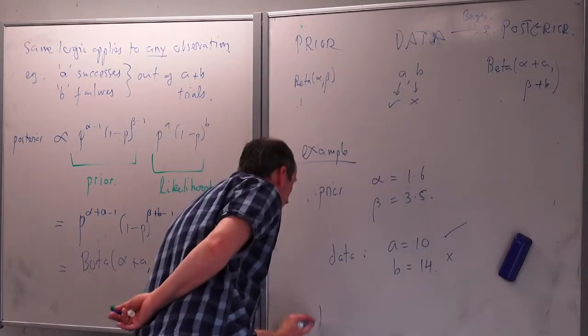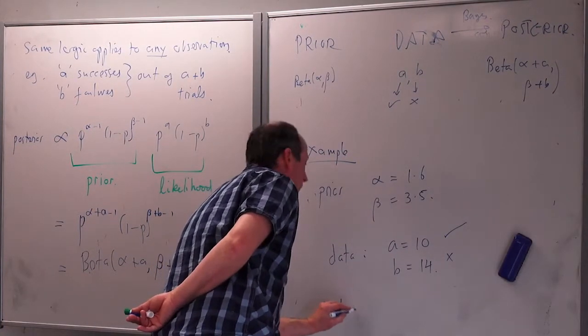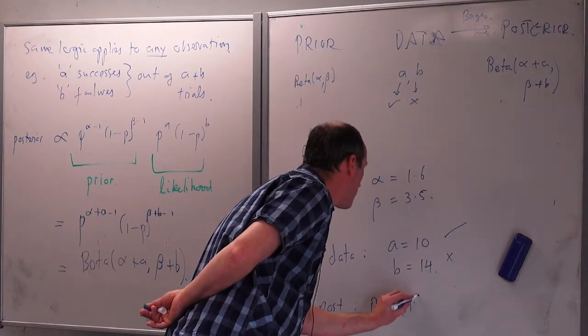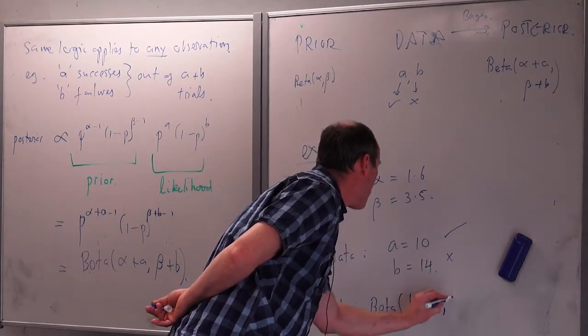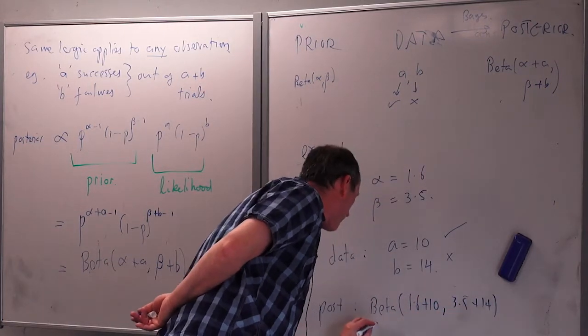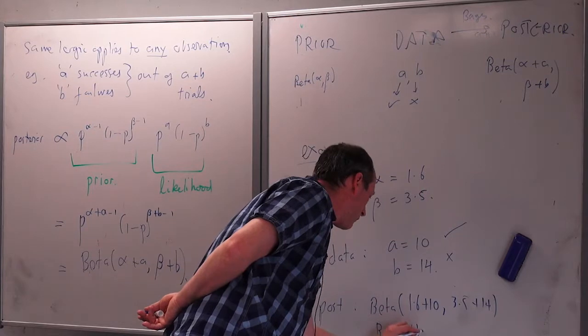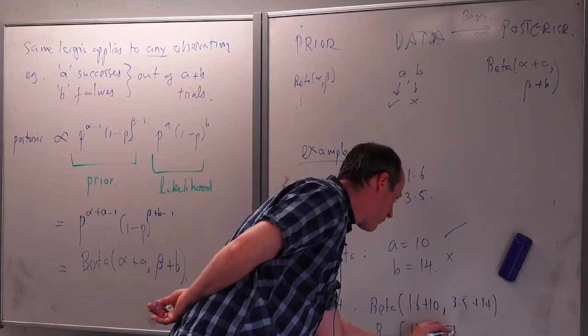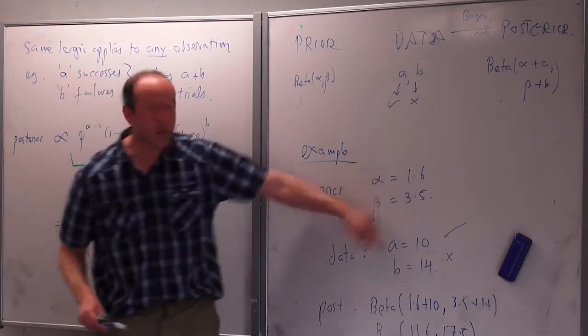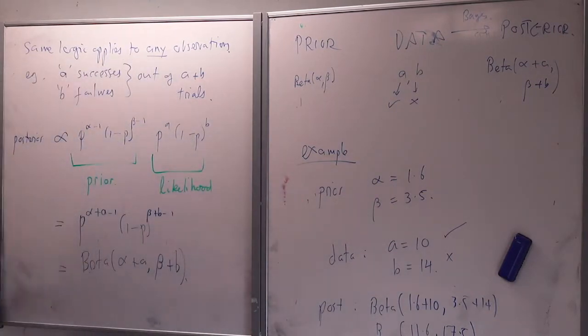Then your posterior will be a beta distribution of 1.6 plus 10, 3.5 plus 14. You just add the parameters together. We'll see generalizations of this later on. So let's have a look at that in R.